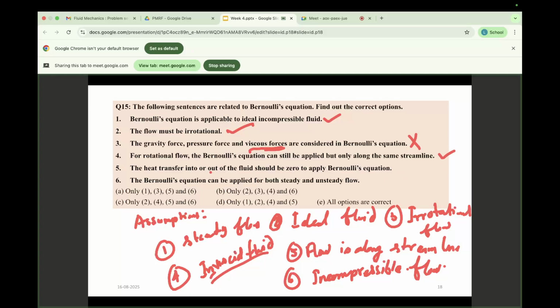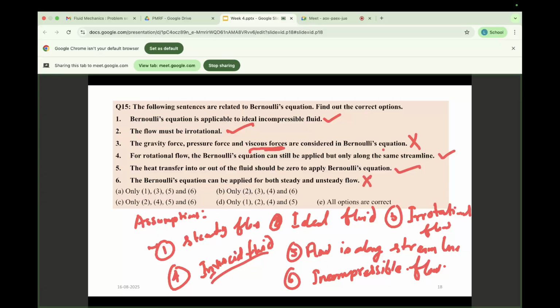Heat transfer into or out of the fluid should be zero to apply Bernoulli's equation. Yes, because it's an ideal fluid, so we have to consider no losses should be there. That's why heat transfer should be zero. Next, Bernoulli's equation is applied for both steady and unsteady flow. No, it should be always steady flow. This is the first point.